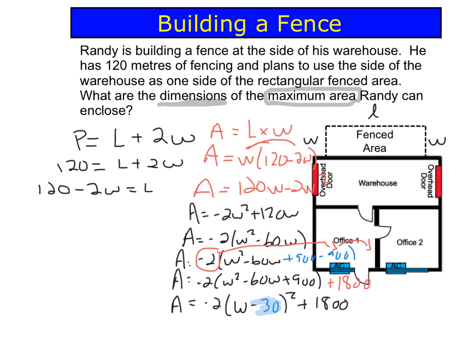If I just go back up to my perimeter formula where I isolated length, I can sub in the value for the width, which is 30, and we'll figure out that the length is just 60 meters.